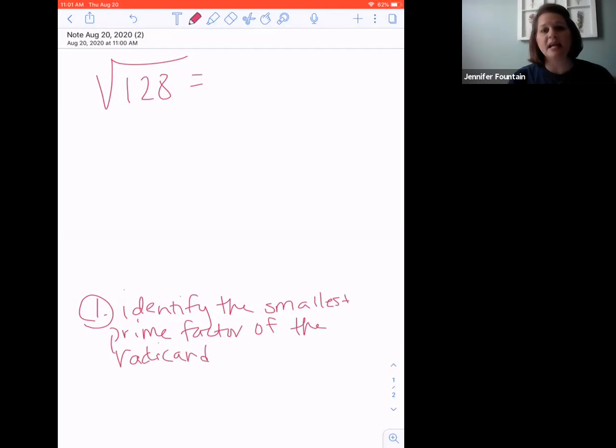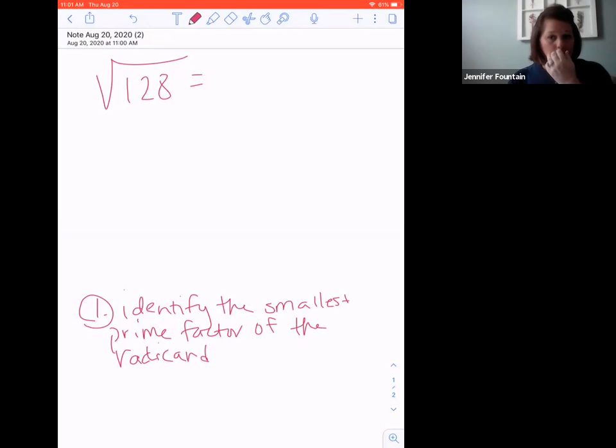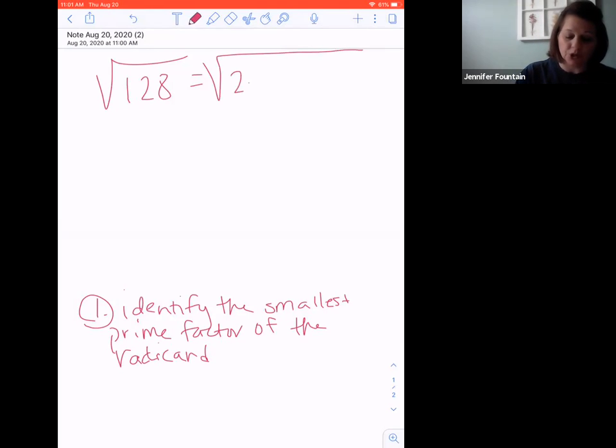So the first thing I do is I say, okay, what is my smallest prime factor of 128? If it's even, I know my smallest prime factor is 2. If it's not an even number, then I would start with 3. Since I know that my smallest prime factor is going to be 2.